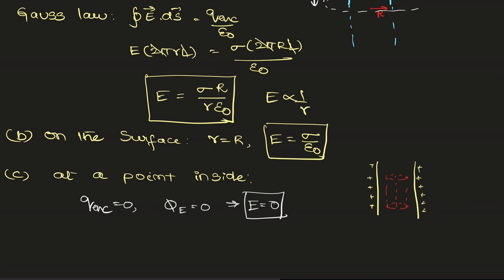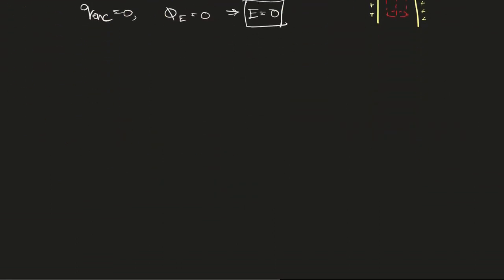So we can draw one graph also like this. At any point inside it is 0, outside inversely proportional to r. This is a graph between electric field and distance due to an infinitely long charged conducting cylinder.